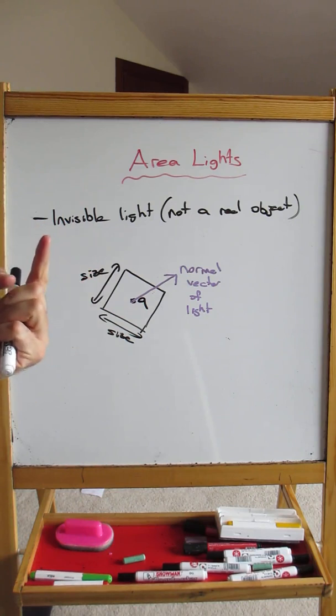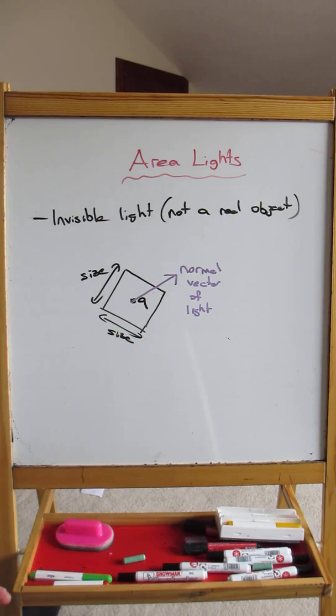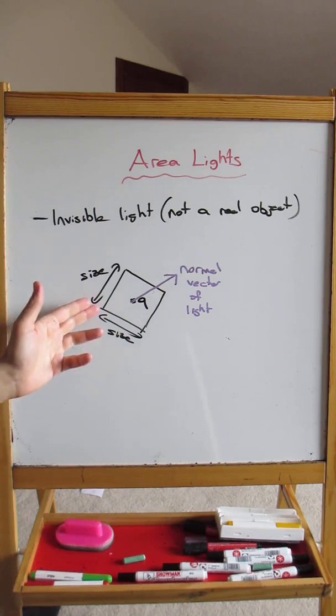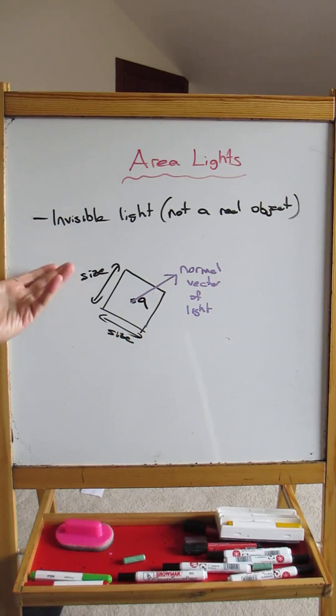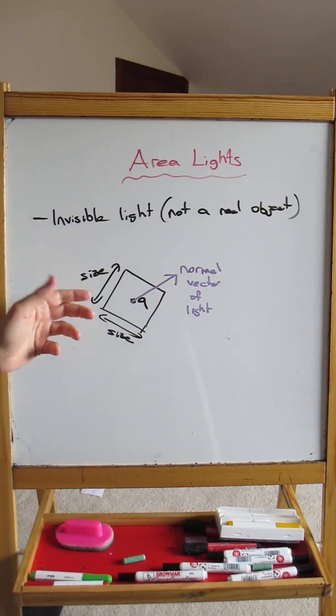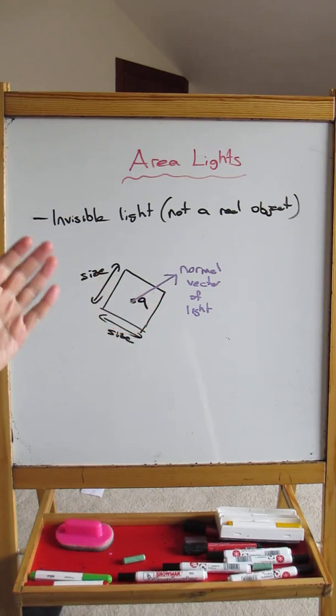Because we have a single size, it is going to be a square. If you want rectangular area lights, then you may define edge vectors, or different sizes for different axes. For now, we are just going to use square lights, and we will have a normal vector of light. The normal vector is a vector that is perpendicular to the plane of this light.